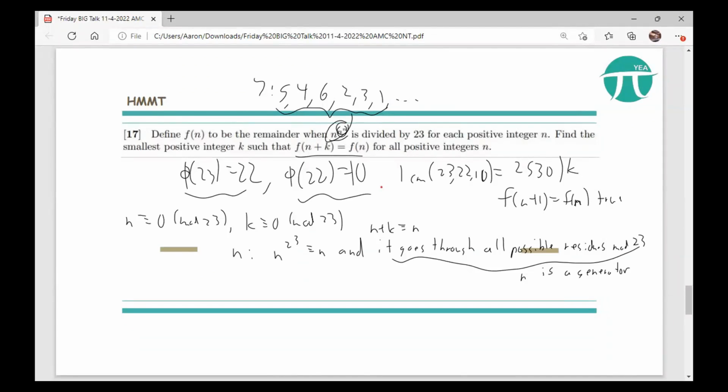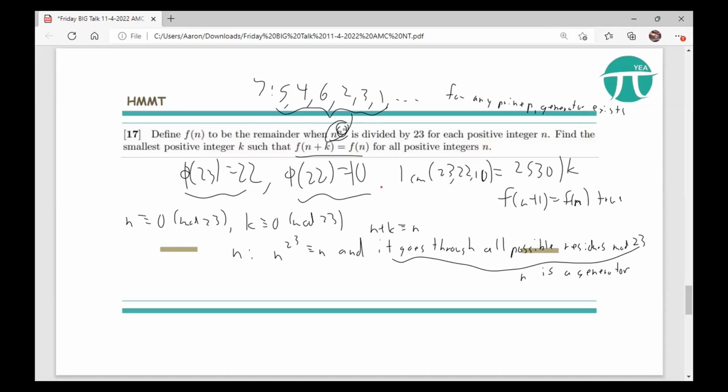In the case of any prime p, there exists a generator, for sure.